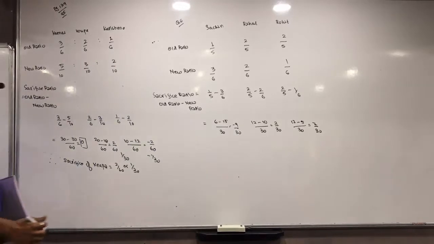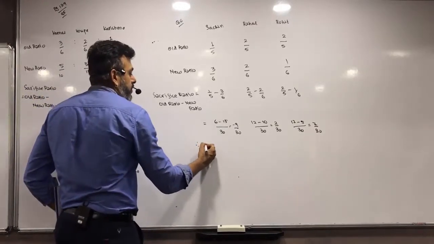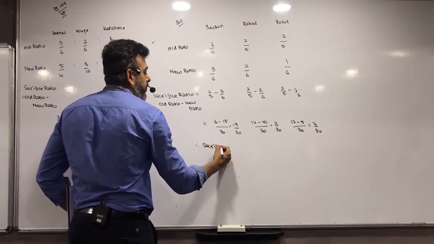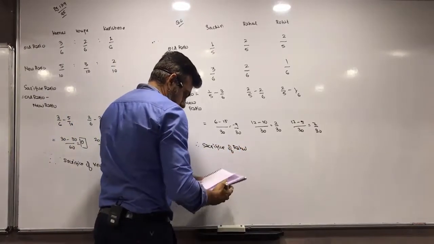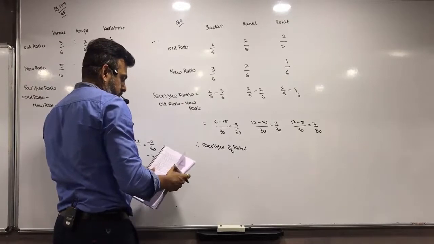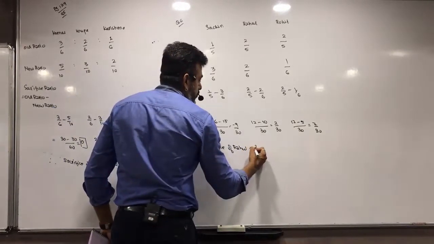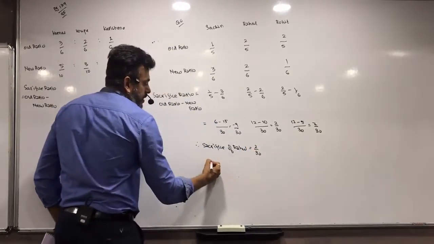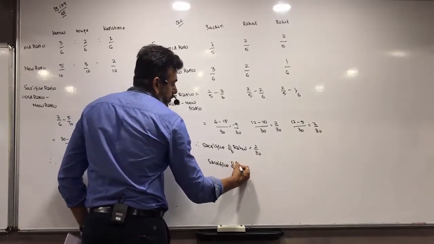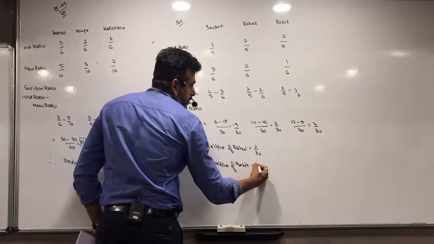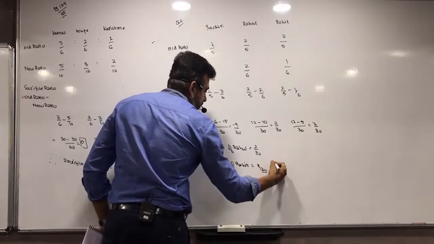Okay? Therefore, sacrifice of Rahul is equal to 2 by 30 and sacrifice of Rohit is equal to 7 by 30.